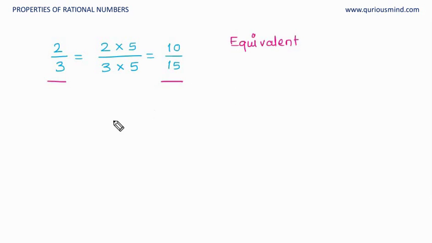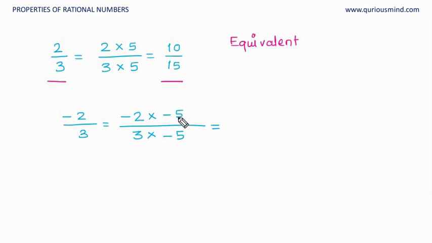The same thing is true for rational numbers. So if I have a rational number minus 2 upon 3, and if I multiply this rational number by any number, so in numerator, let's say multiply minus 5. And then in the denominator also, we have to multiply by the same number.